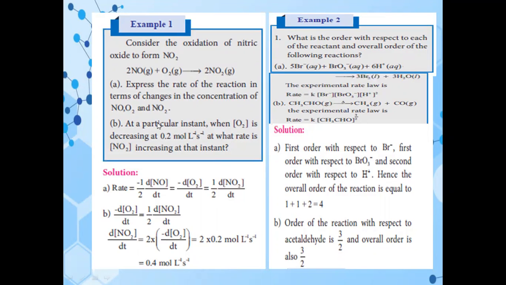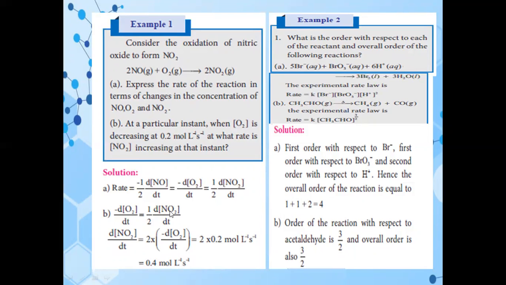See the second, B. At a particular instant when O2 is decreasing at 0.2 mole per liter per second, at what rate is NO2 increasing at this instant? So d[O2]/dt equals 1 by 2 d[NO2]/dt. These two alone we are taking. So what is the rate of NO2? That is what is asked in the question.